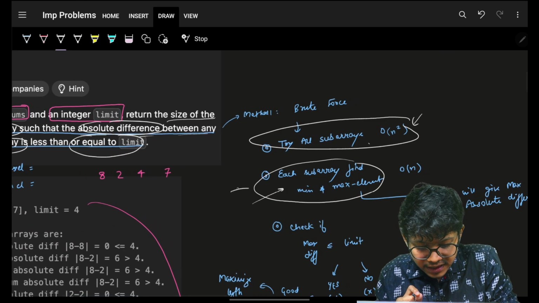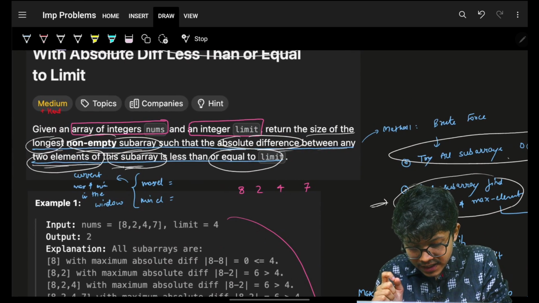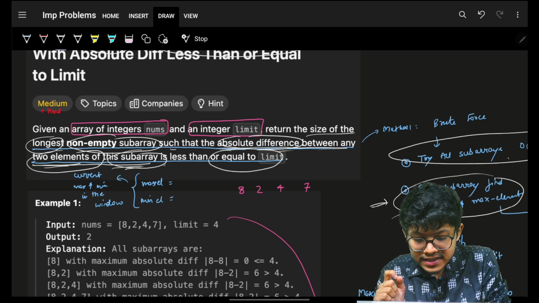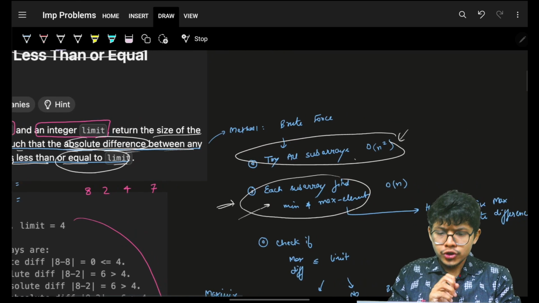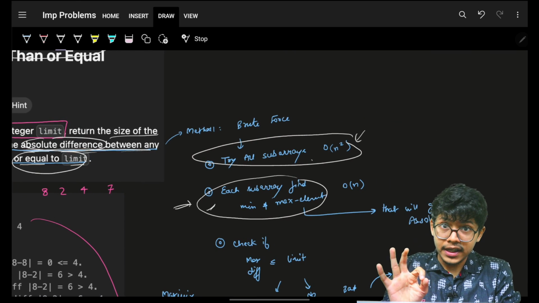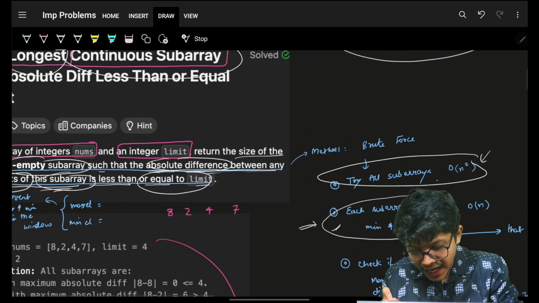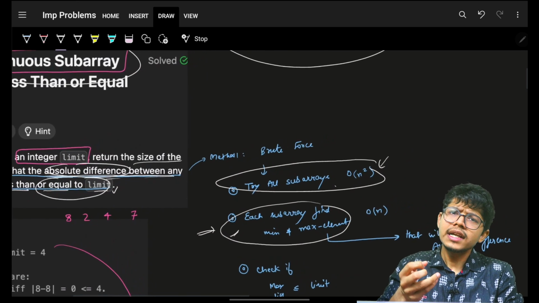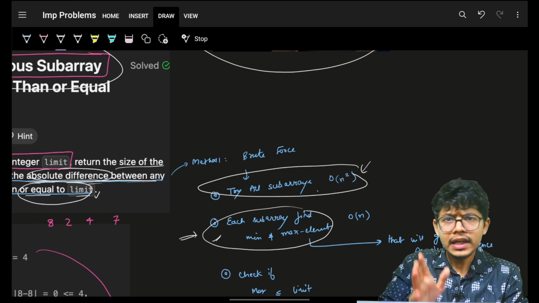So this could also have been n square, but we know that the absolute difference between the two elements of the subarray should be less than or equal to my limit. For the subarray which I have taken, if the maximum absolute difference is less than or equal to my limit, I am good to say that every other absolute difference will also be less than or equal to limit.